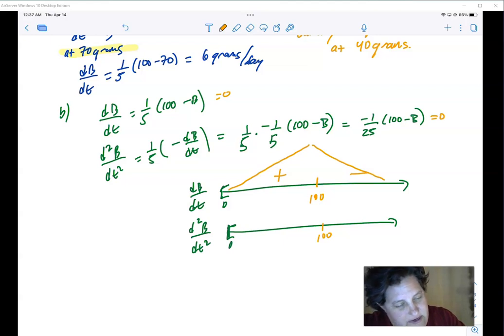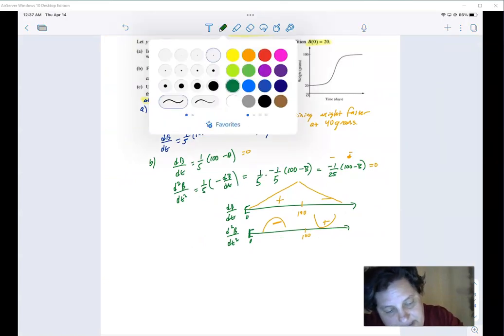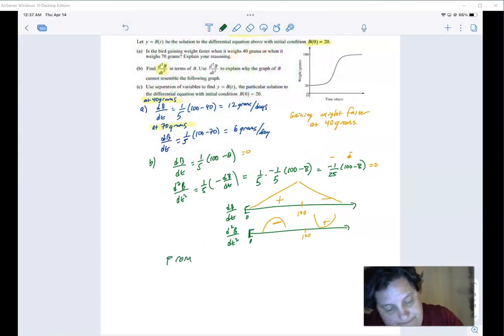Let's pick a number less than 100, like 50. That would be a negative times a positive. Let's pick a number over 100, like 200. That would be a negative times a negative. So that is concave down, then concave up. From 0 to 100, my function is increasing and concave down.